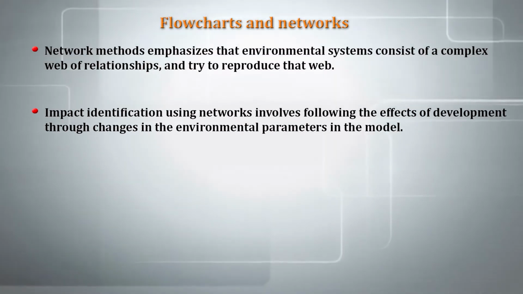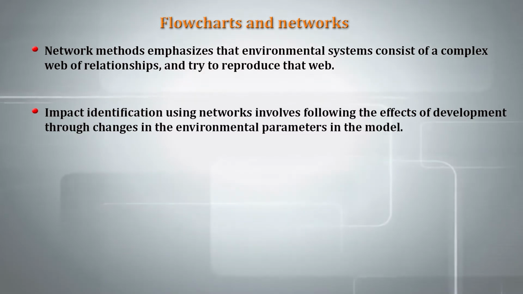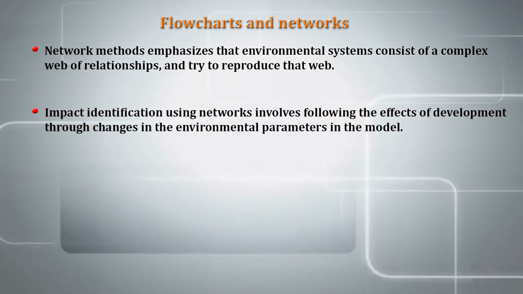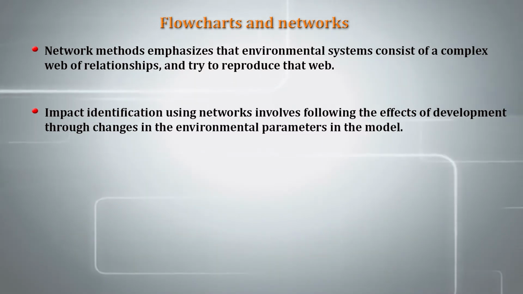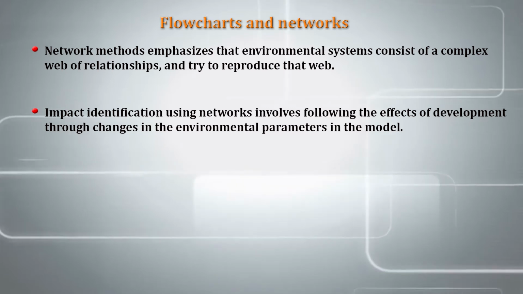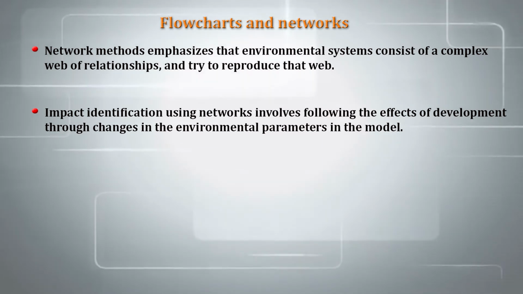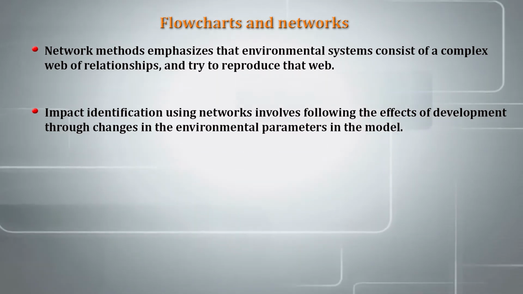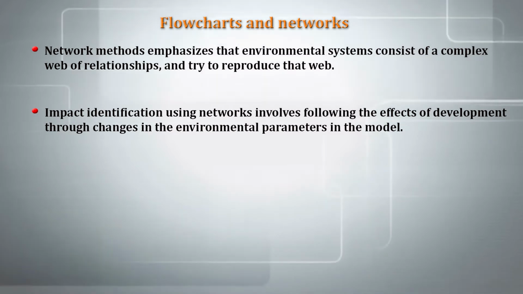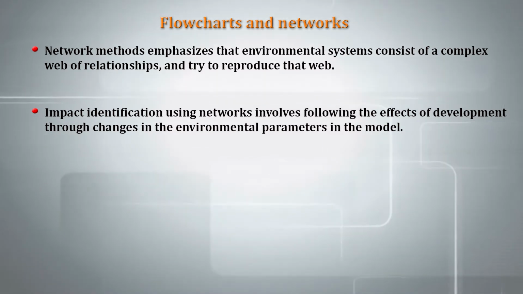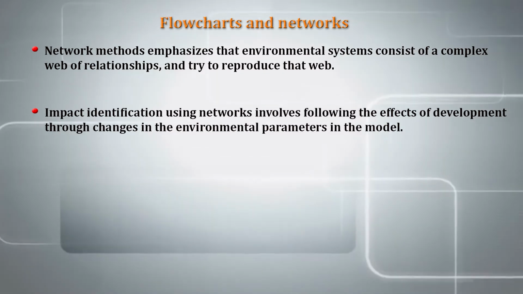As far as impact identification is concerned, using networks, the effects of development through the changes in the environmental parameters in the models can be very well identified. Impact identification is much easier because each and every step, what has been taken, what happened, the impacts, and everything will be taken into account in the network.